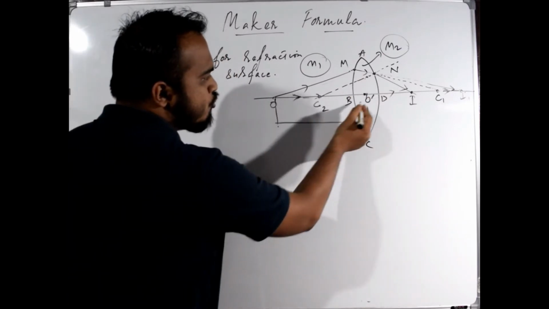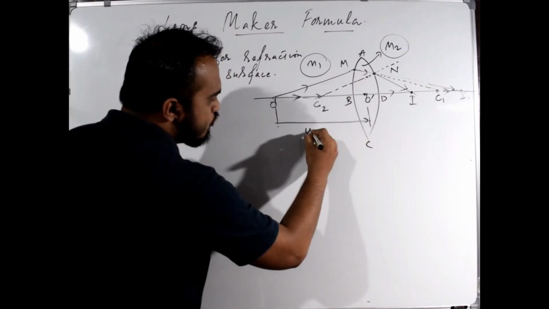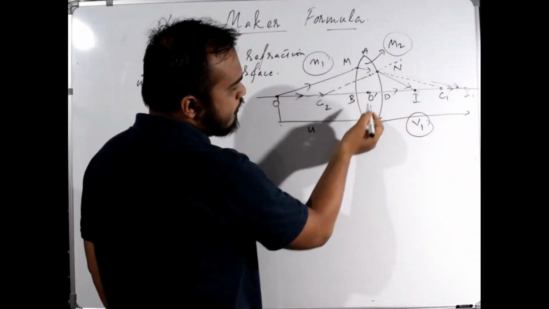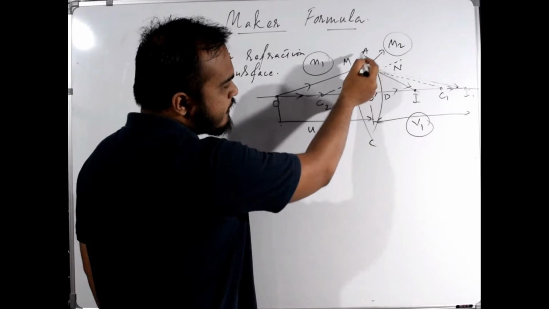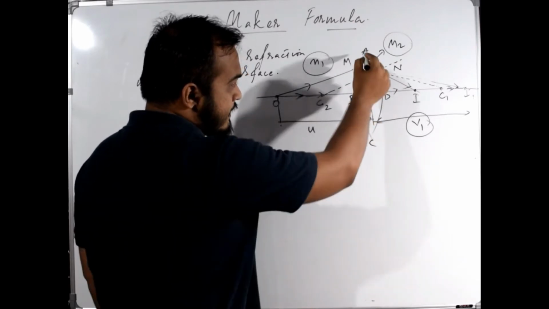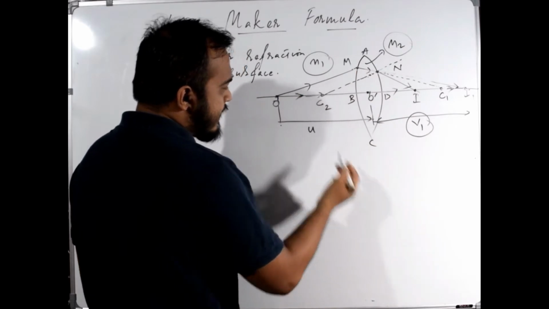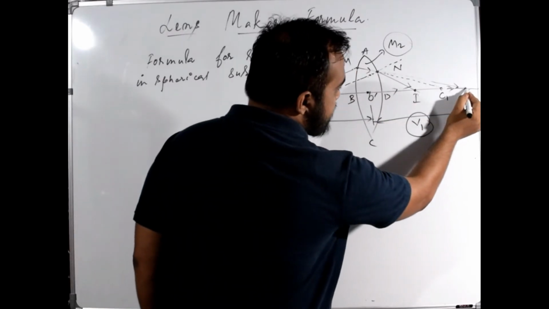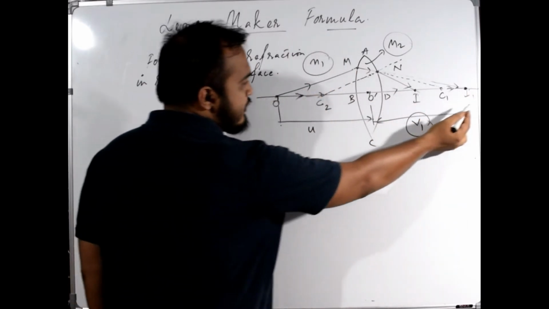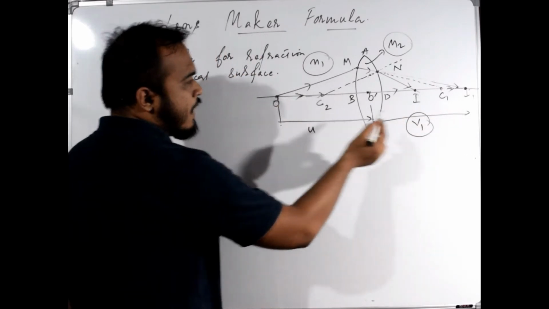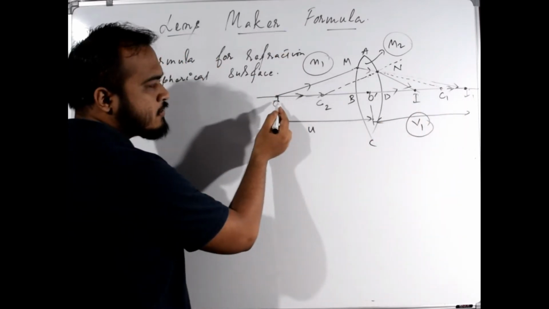The position from O to O dash is U, and this is the object. So when only this surface ABC is present and the surface ADC is not present, I1 will be the image of this object.